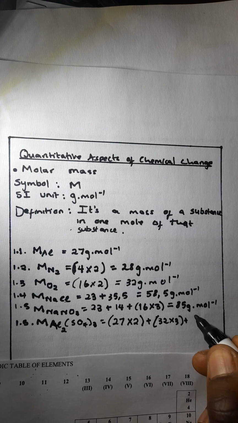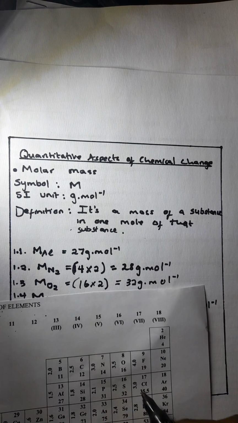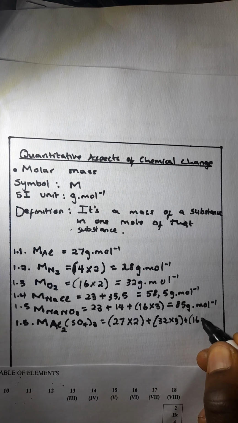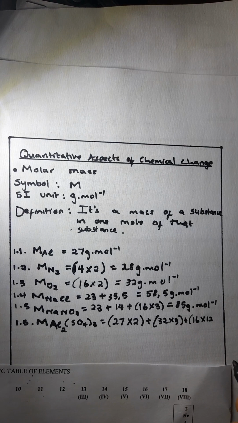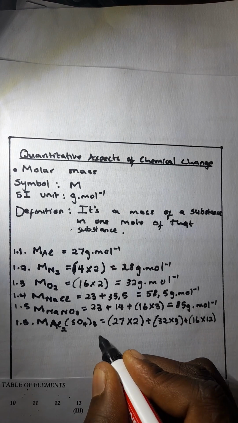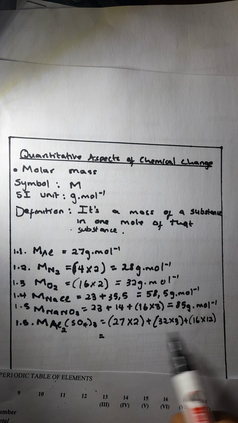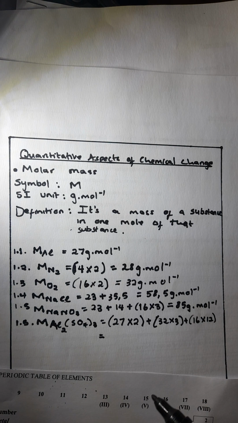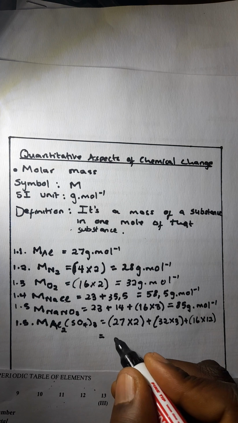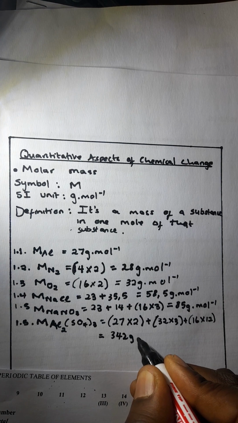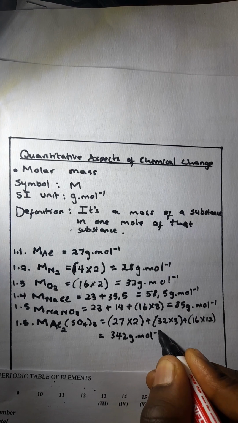So we are having 12 atoms of oxygen, and each oxygen atom has a molar mass of 16. There we go, it's 16 multiplied by 12. All right, now you can add everything together after you multiply it, and then we are going to get 342. So you are going to get 342 grams per mole.